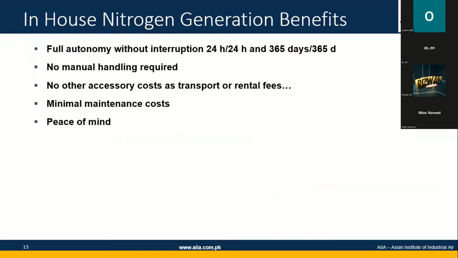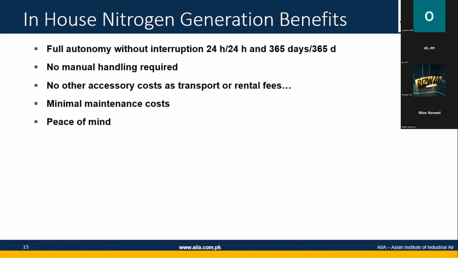So there are a few benefits of producing in-house nitrogen. It's a fully autonomous operation, right? Without interruption, 24 hours a day and 365 days in a year. So this gives you a very big advantage if you compare it with your dependency on third parties for nitrogen cylinder bottles.